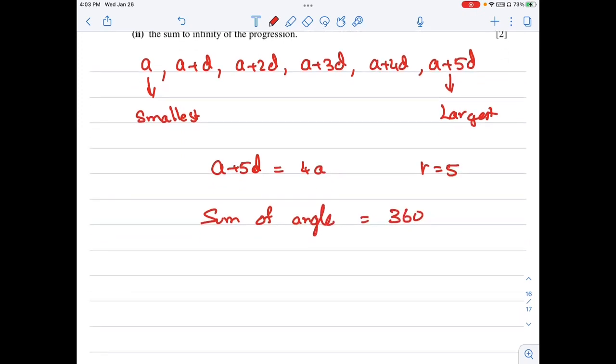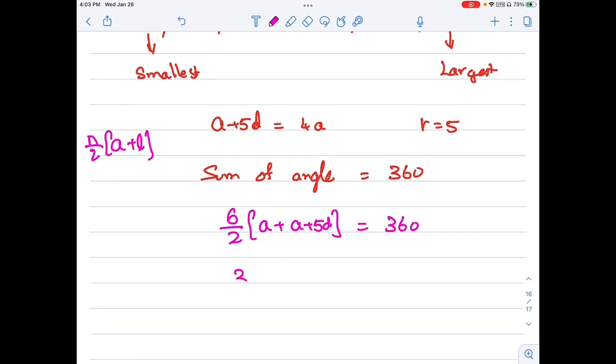We can use the formula n upon 2 times first term plus last term. So n is 6 upon 2, first term is a and the last term is a plus 5d, equal to 360. So 3 times 2a plus 5d is equal to 360. So 2a plus 5d is equal to 120.